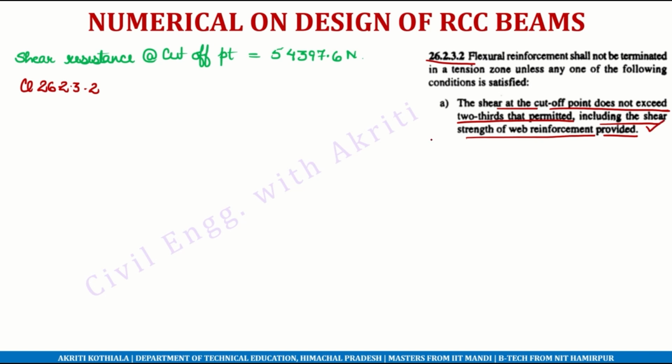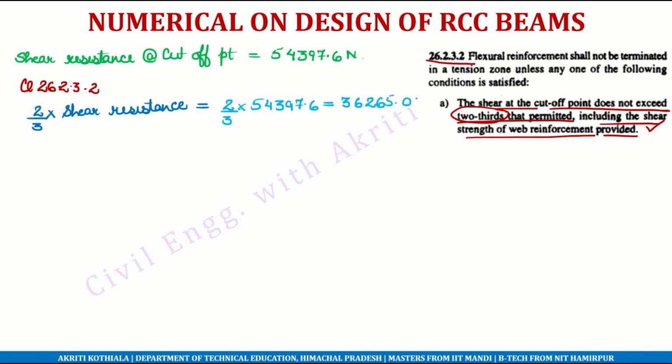So first of all, let's calculate the value of 2/3 of shear resistance, which is equal to 2/3 of 54397.6. This calculates to be equal to 36265.06 Newton. This value should not be less than the shear force at that point.